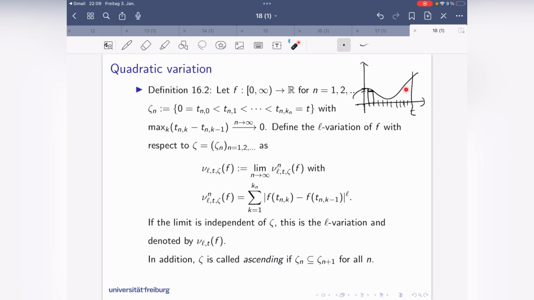I'm summing all this, and I let n go to infinity. And then, if that limit exists and is independent of my theta, so the series of partitions here, then I call this the L variation, and new LT of f.